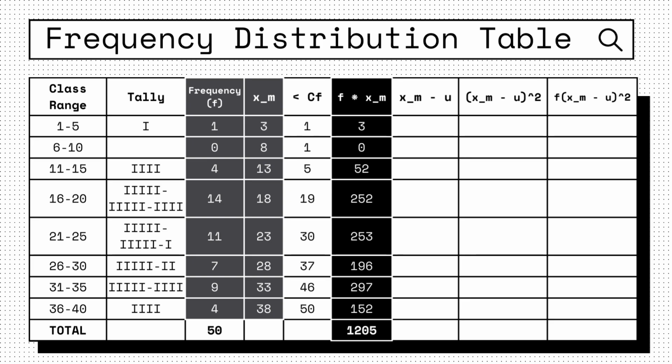So we have 1 times 3 is equal to 3, 0 times 8 is equal to 0, 4 times 13 is equal to 52, 14 times 18 is equal to 252, 11 times 23 is equal to 253, 7 times 28 is equal to 196, 9 times 33 is equal to 297, 4 times 38 is equal to 152, and to sum it all up, the total is 1205.